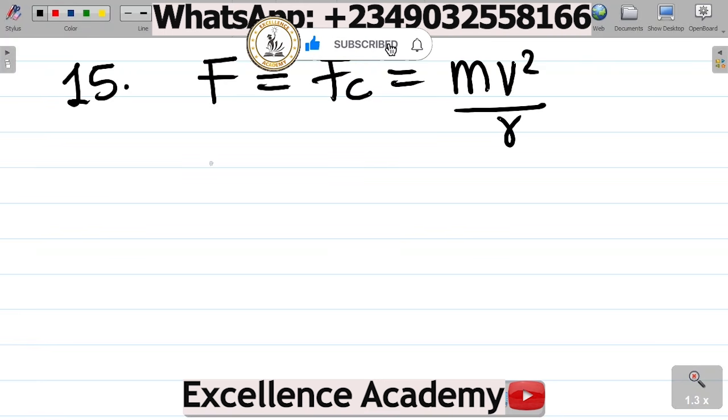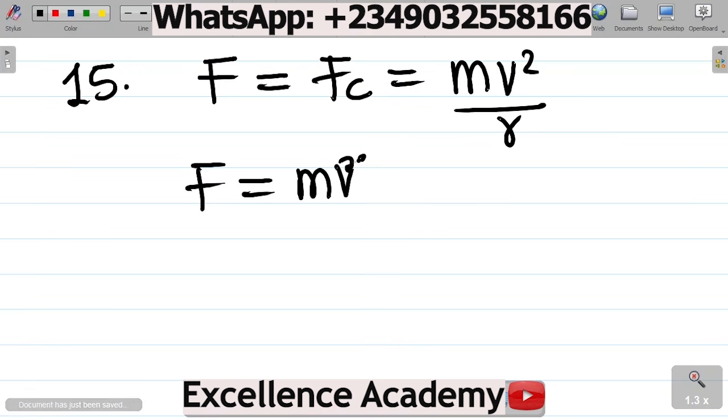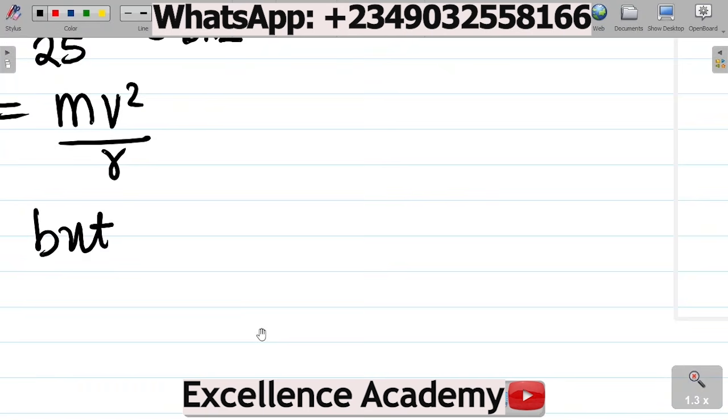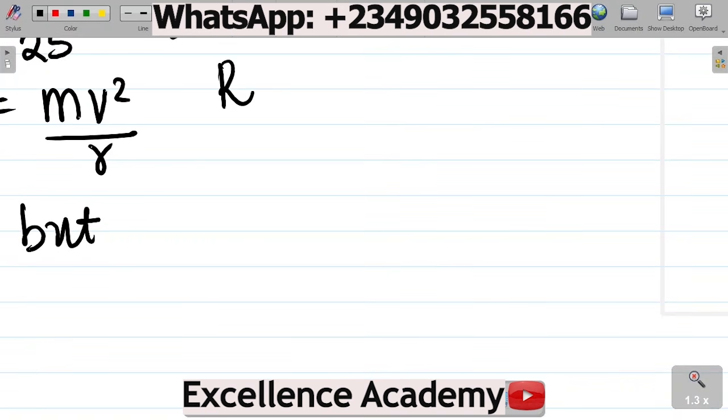We know this. That means the force will be equal to mv squared all over r. But again, they said we should find the coefficient of friction. And to bring in coefficient of friction, you want to recall something.